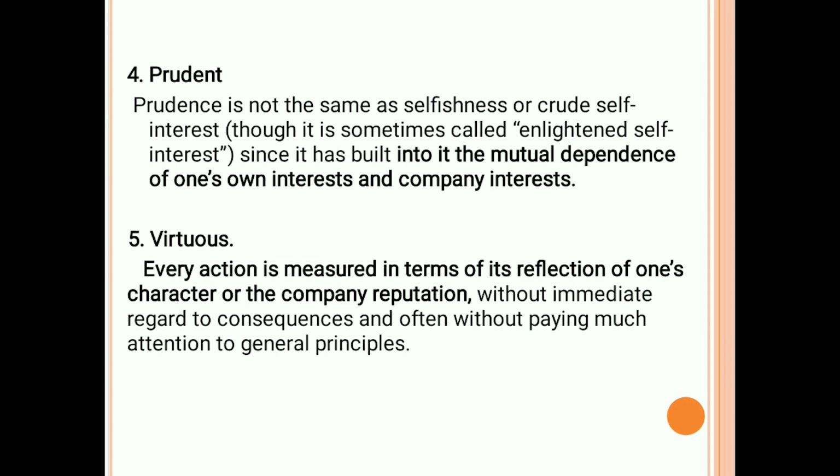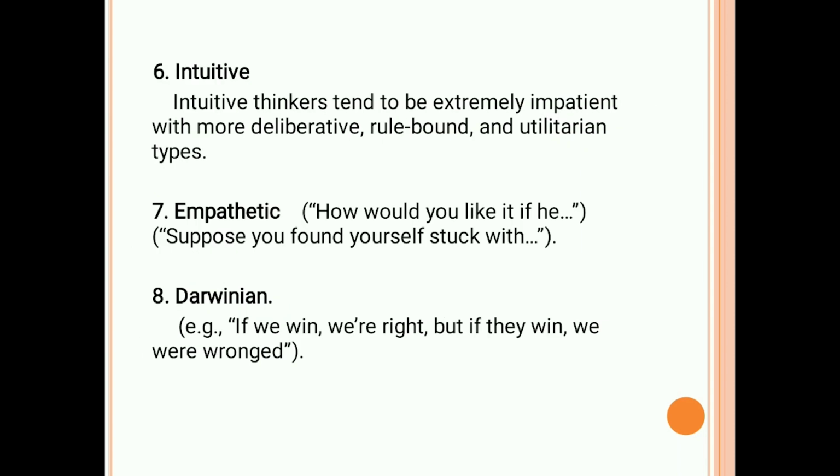Prudent is acting smart. Virtuous is about one's own character. Intuitive is whatever your inner thought tells you to do, you can do. Empathetic is being in others' shoes and thinking on their behalf. And Darwinian is if you won, then you are right; if you lost something, then you are wronged.